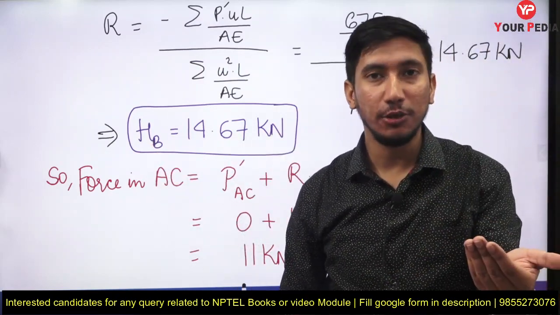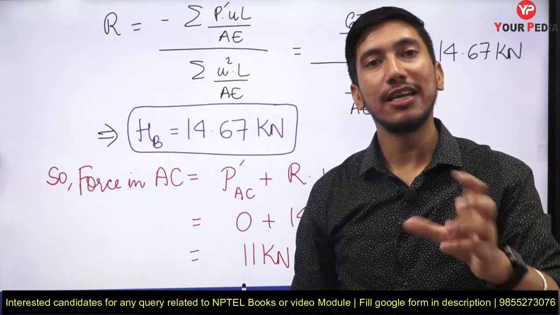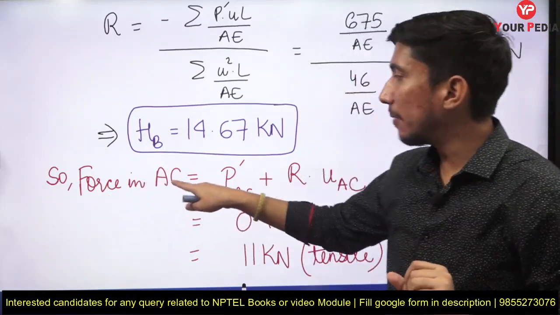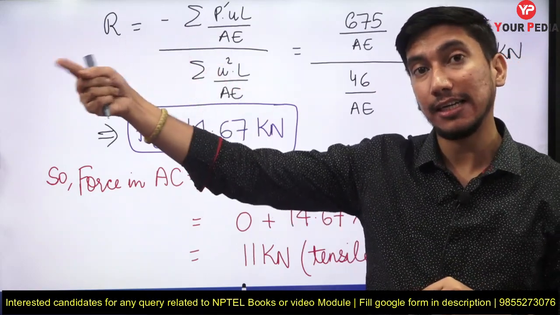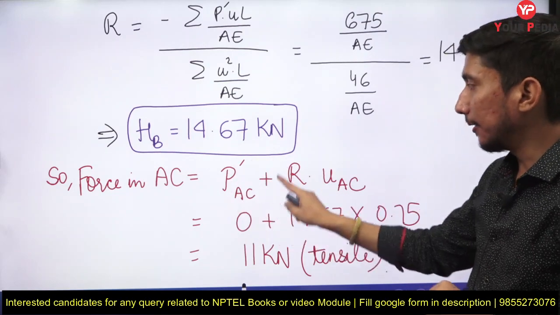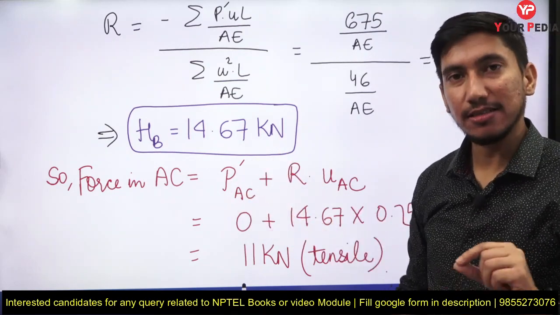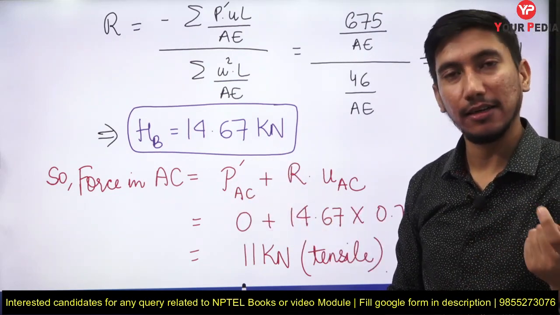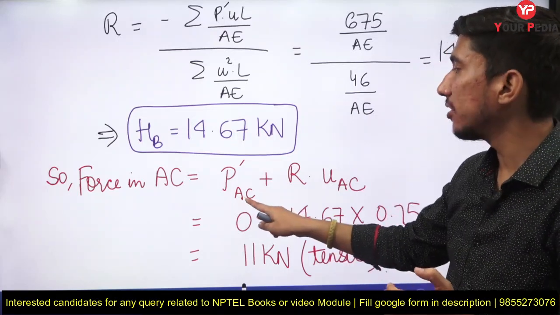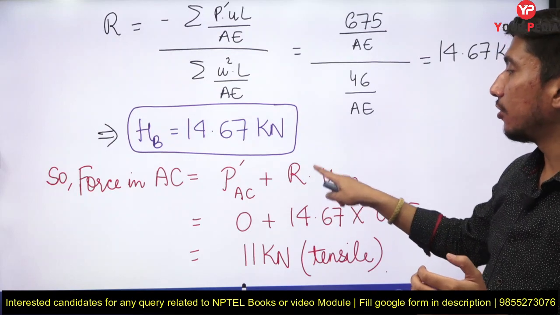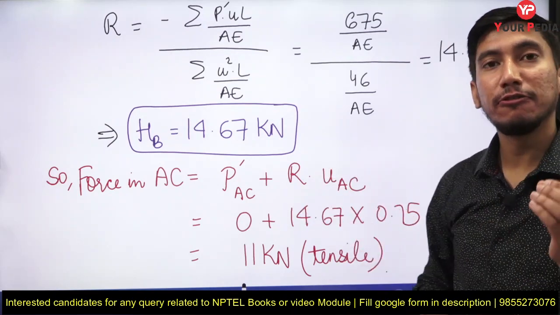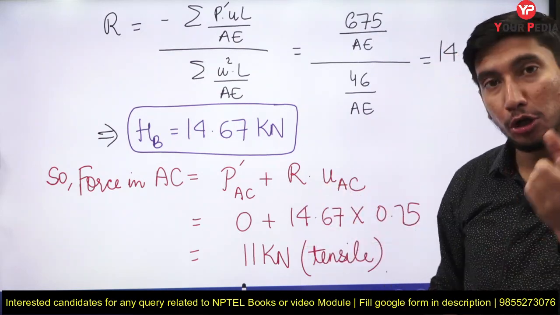And what is another use of this? Now we can find the force in any member in that statically indeterminate truss. So force in member AC in that statically indeterminate truss under the P system of loading is equal to the force under the P dash system of loading, when we made the statically determinate truss and removed the redundant, plus the value of redundant times the value of force in member AC when only unit load was acting.